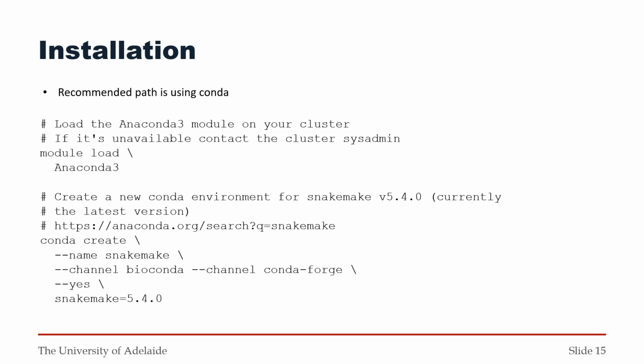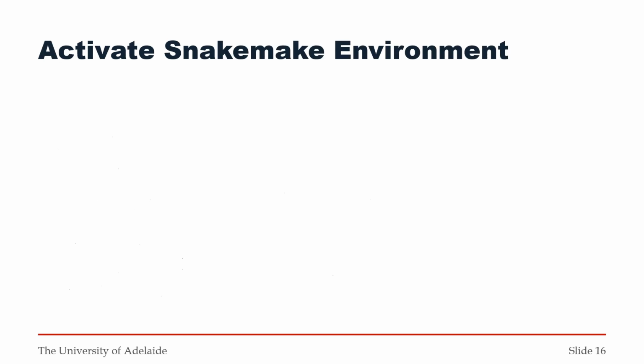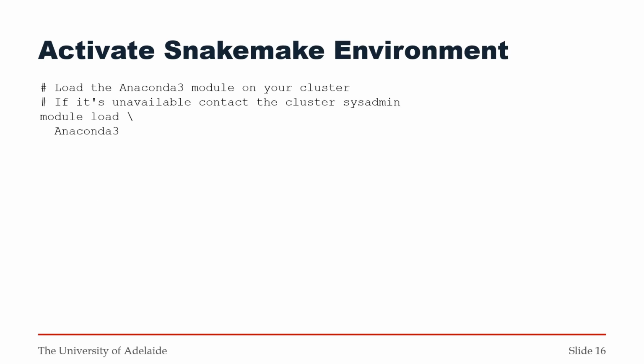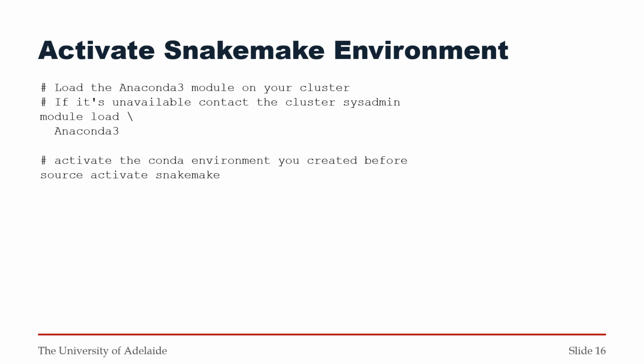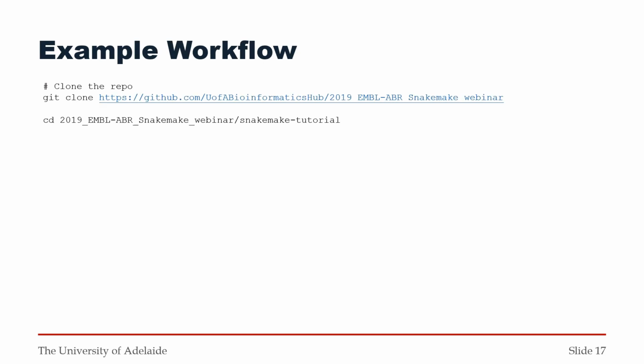Then you can create the Conda environment with Snakemake installed within it using a command like this. Once you've set up that environment, when you come back at a later date or a few minutes after creating the environment, you'll need to load the Anaconda module again, and then you activate the Snakemake environment.